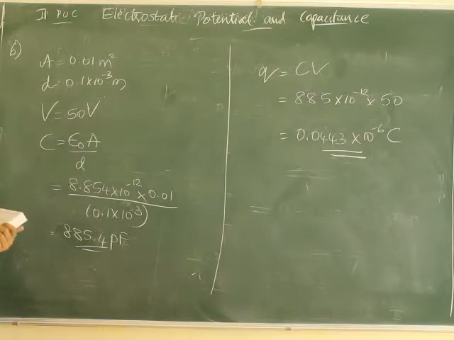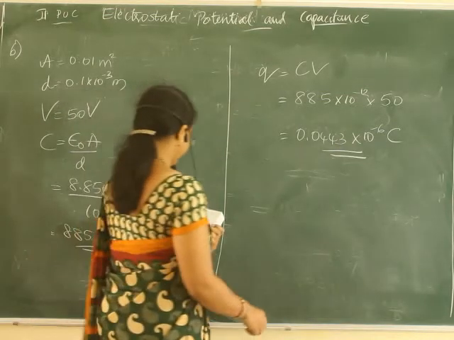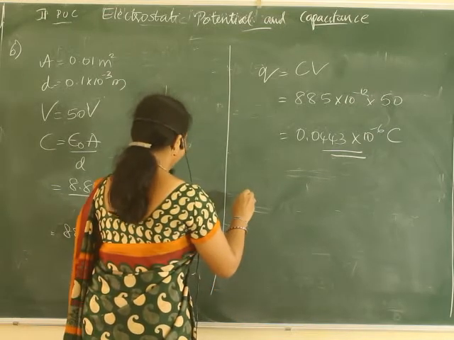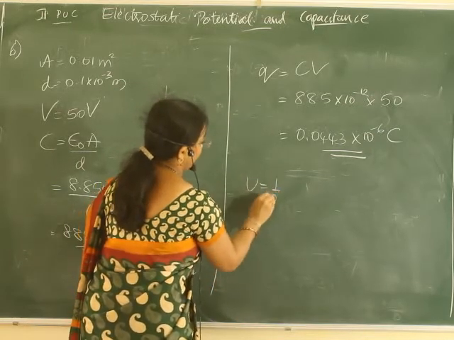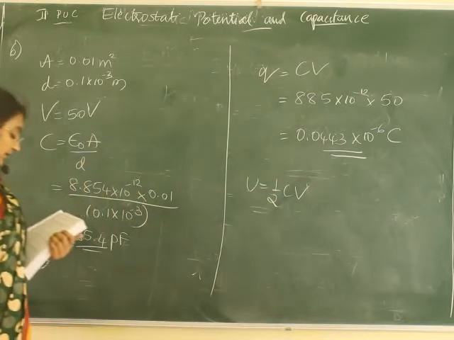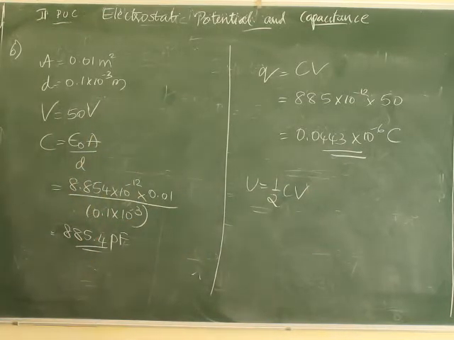Next you have to calculate what? Energy. Calculate the energy. Is it half CV or CV square? Half CV square, correct?